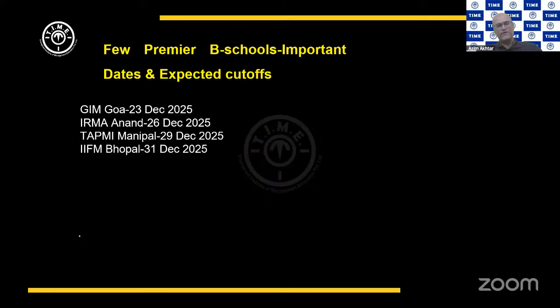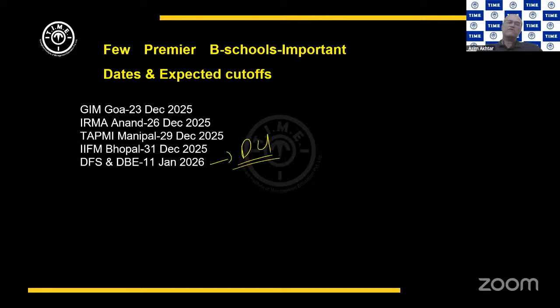Moving on. Next, we have a couple of business schools which are affiliated to Delhi University. We have Department of Financial Studies, New Delhi, and Department of Business Economics, New Delhi. Both are affiliated to Delhi University.